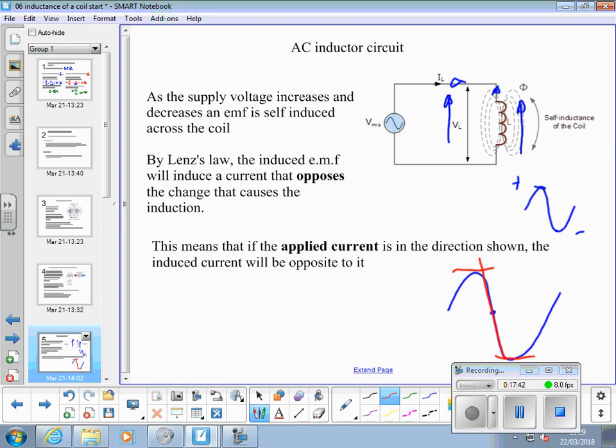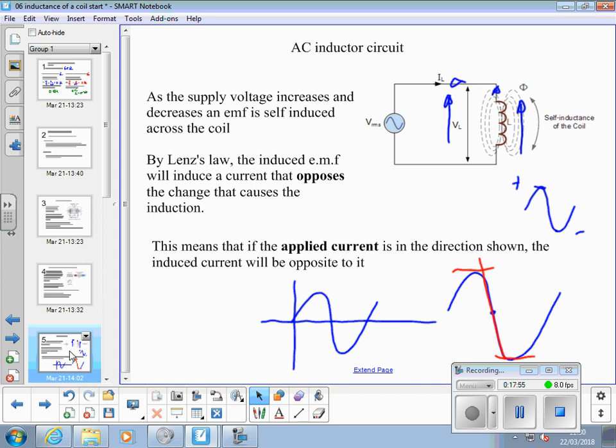More about that a bit later, but if this is our voltage on a scale over time, current will end up like this because of this.